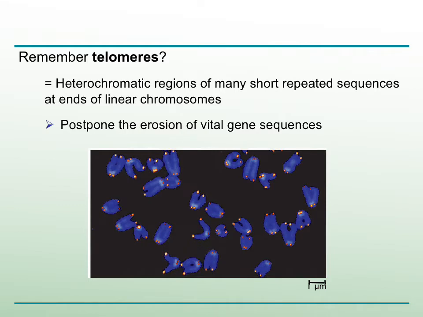And therefore, because none of those DNA sequences code for any genetic information, they will postpone the erosion of vital gene sequences. So if the telomeres become shorter during each round of replication, that's not a problem for the genetic information. They're sort of buffering the erosion of important sequences.